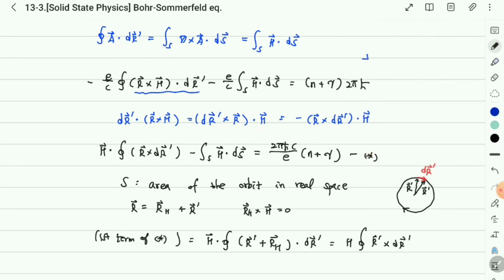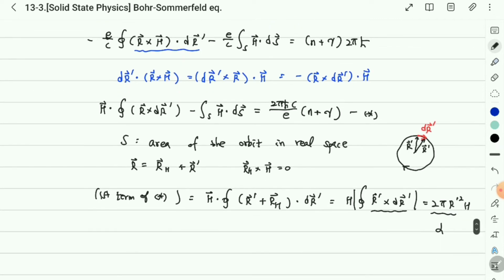Therefore, we also consider the absolute value, and here it is anyway the area of the closed orbit. Therefore, it is 2 pi r prime squared times h. Here, let's denote 2 pi r squared by alpha.